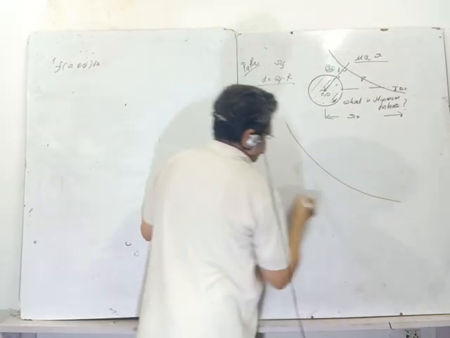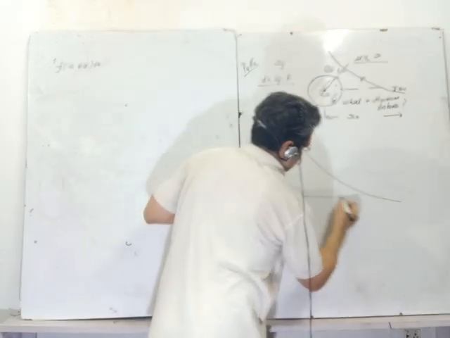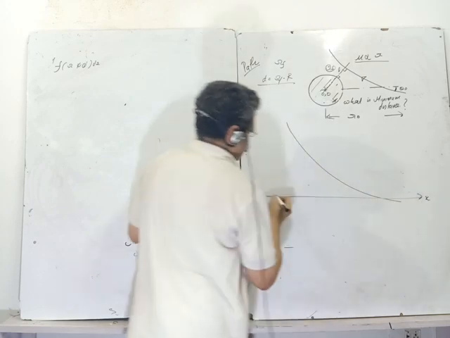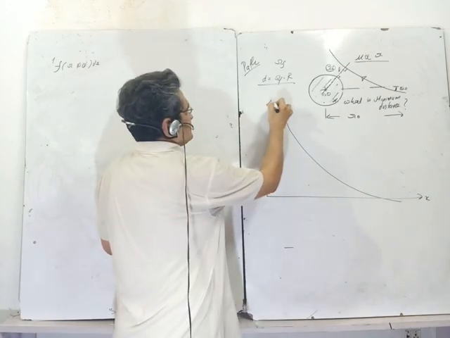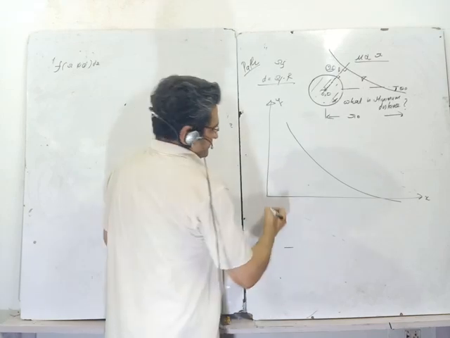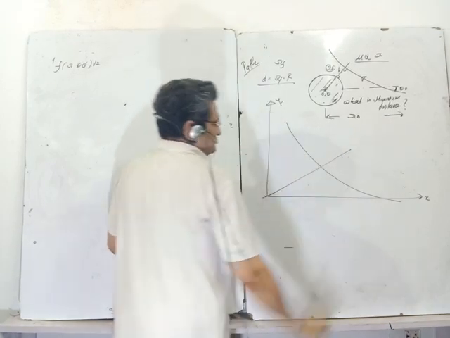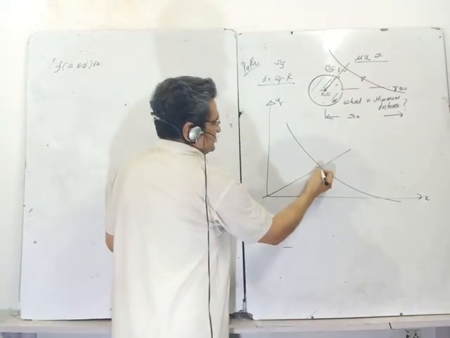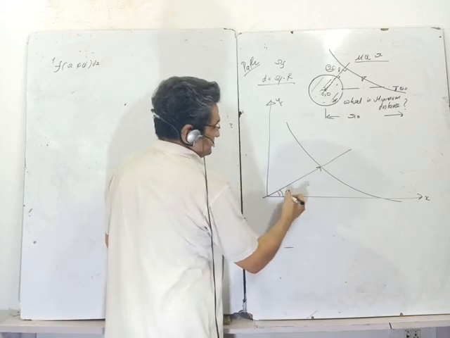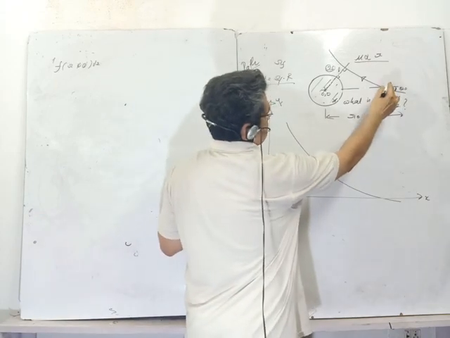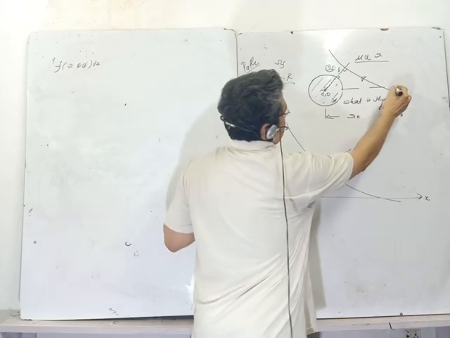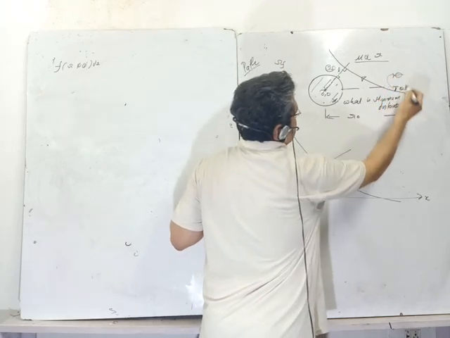If this is the trajectory and I draw the x-axis, a horizontal line, this is the origin, this is the y-axis. From the x-axis I draw radius vector r, making an angle phi. Don't get confused with this theta 0. Theta 0, I will have a general term theta.